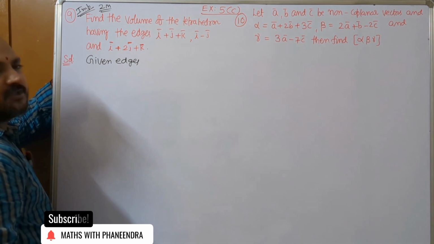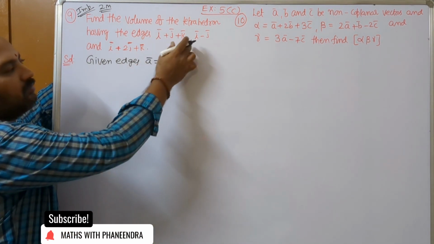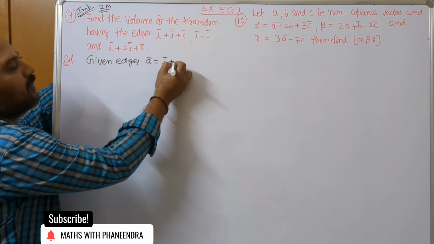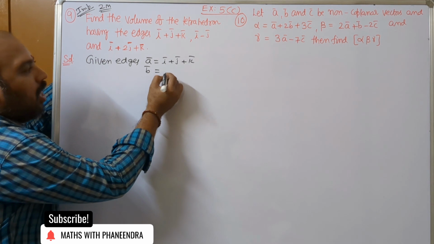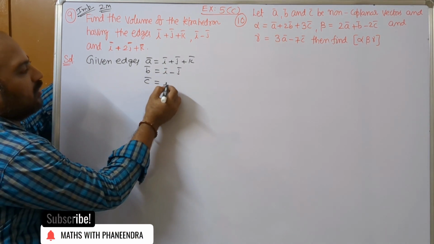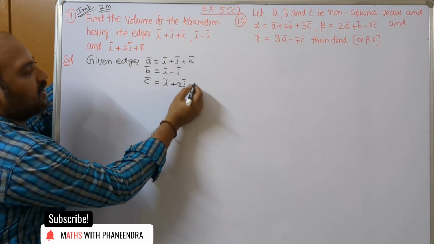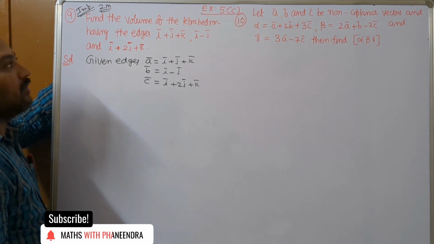You can give the names A bar, B bar, C bar like so: A bar equal to I plus J plus K, B bar equal to I minus J, C bar equal to I plus 2J plus K. What is the volume of the tetrahedron?